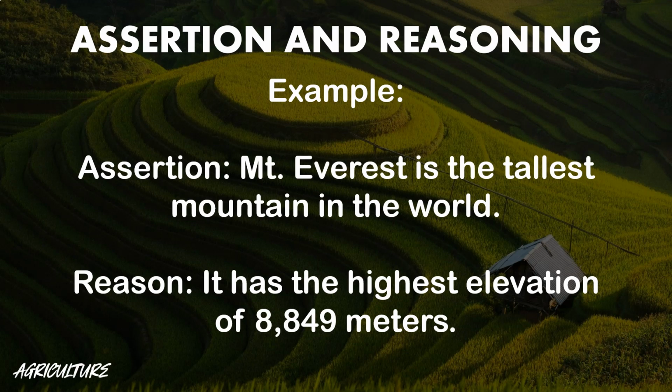The reason is that it has the highest elevation of 8,849 meters, so this is also true. So assertion and reason are both true. And is the reason the correct explanation of the assertion? Yes, because it's the most reasonable explanation. It's tallest because it has the highest elevation compared to other mountains, of 8,849 meters.